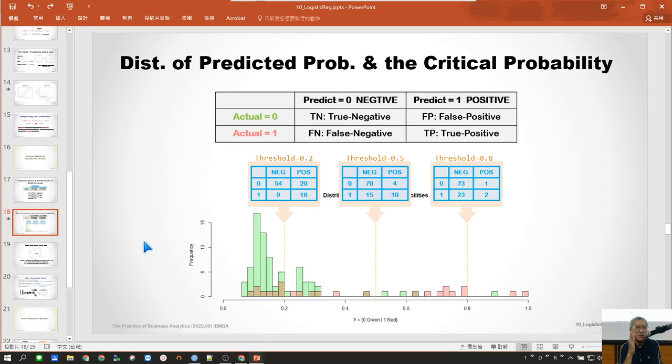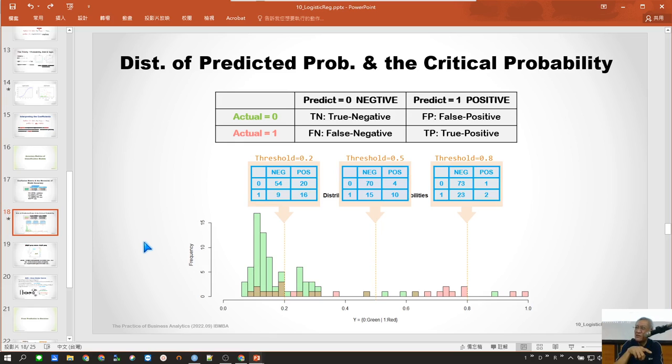Sometimes, especially in today's business environment, a lot of data is very imbalanced. For example, the click-through rate. If I'm Google and I send an advertisement to you, I want to estimate the probability that you click on it.